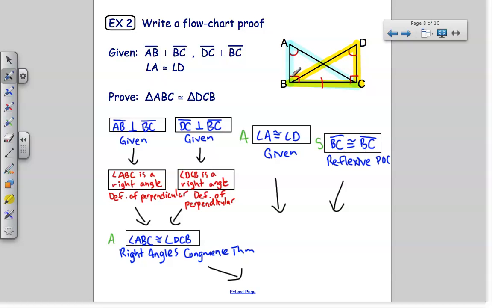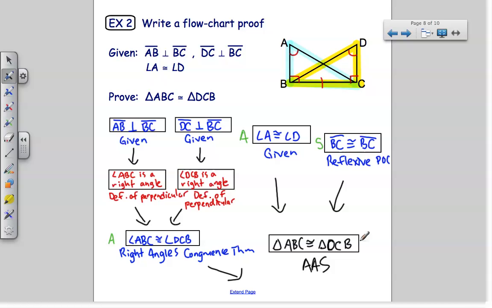The angle at A, the right angle at B, then the side. So this is an angle, angle, side, and that is going to be the reason for my very last box. Notice all three of these arrows come together to show this last statement that what I'm trying to prove, triangles ABC and DCB are congruent. And the reason? Angle, angle, side is a shortcut that allows me to say that.